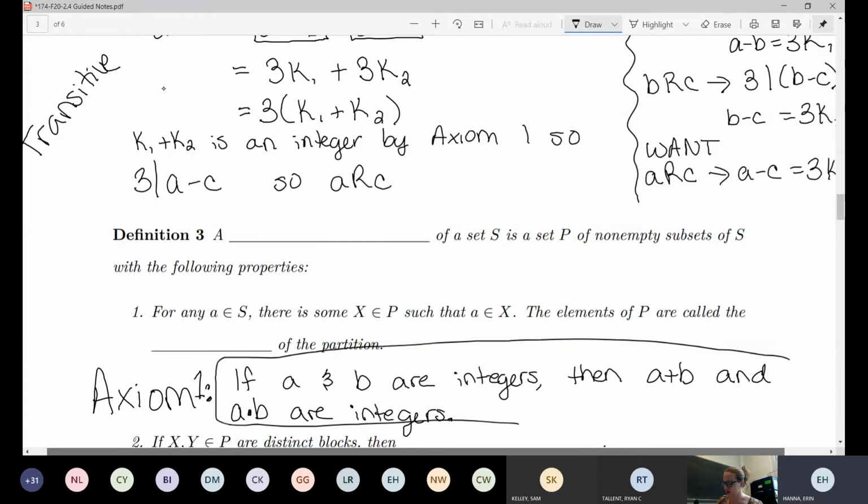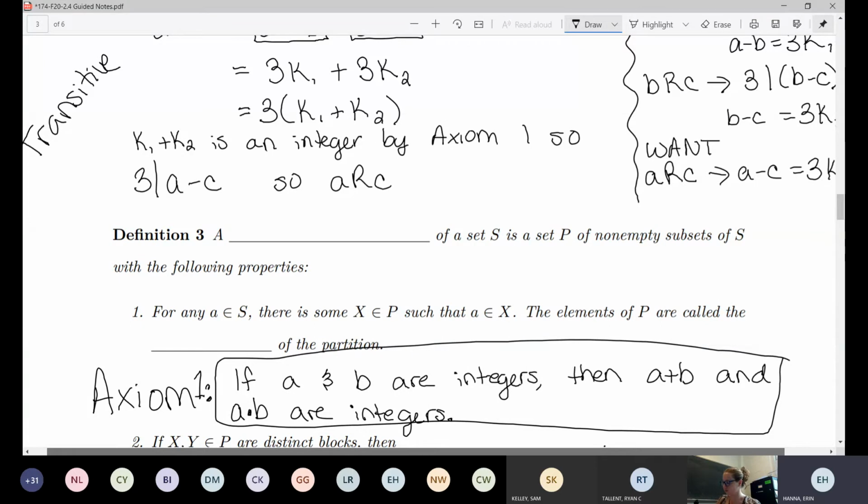But we have to take it for granted, so it's technically considered an axiom. So what this axiom allows us to say is that anytime we have two or even more integers, if we add them together or multiply them together, their result is still an integer.